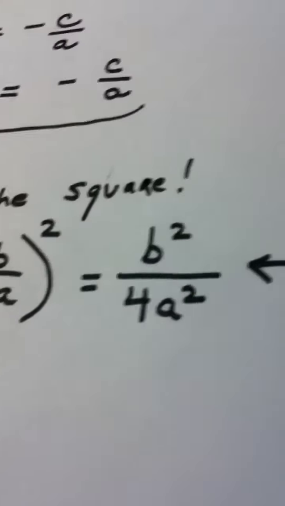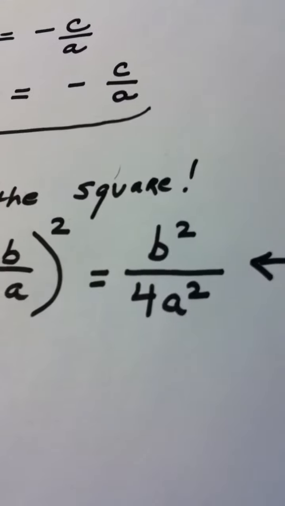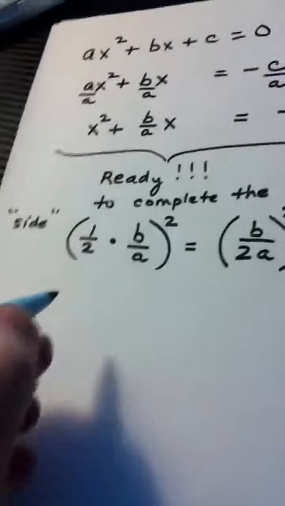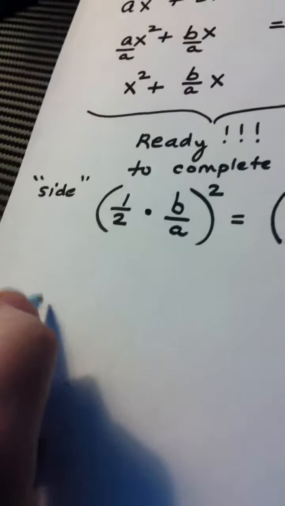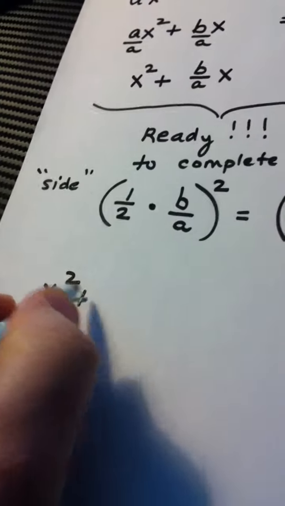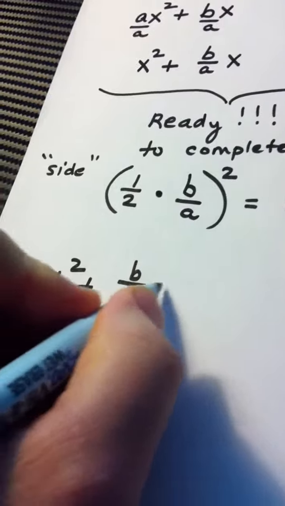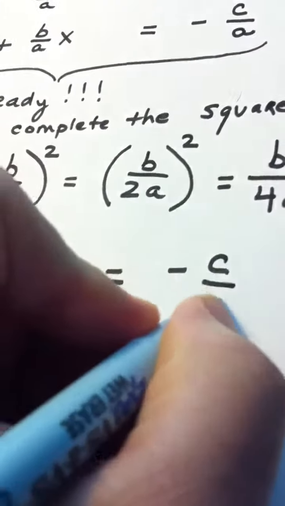So this is the magic number that we have to add to both sides of the original equation to complete the square. I originally had x squared plus b over a times x is equal to the opposite of c over a.